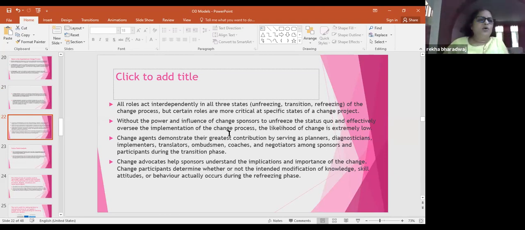But certain roles are more critical at specific stages of the change project. So, for instance, at the beginning stage, the change sponsor and the change agents are the most important. And then later on, it is the change advocates and the change participants who are more important.